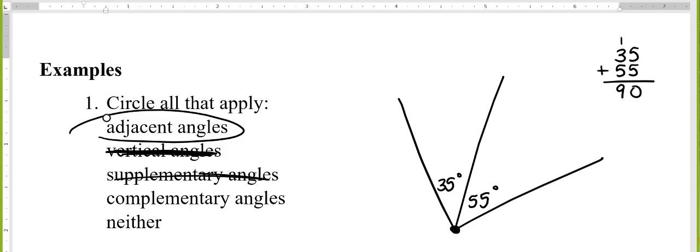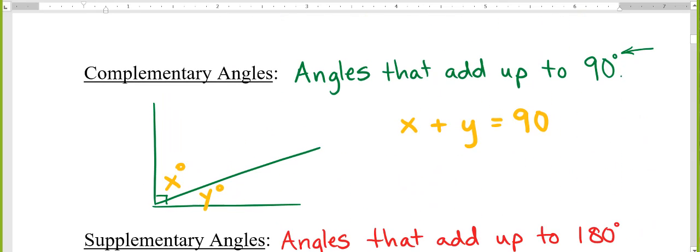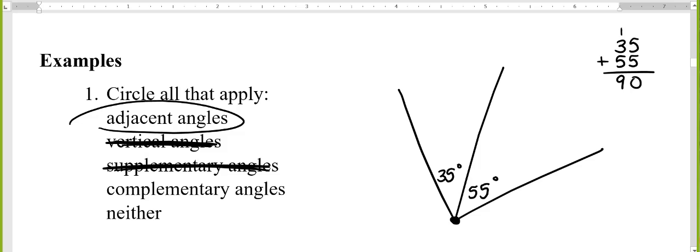Nope. So they're not supplementary. What do they add up to? 90. So are they complementary? What does complementary have to add up to? They add up to 90, right? So are these complementary angles? Yes. Good. Go to number 2.